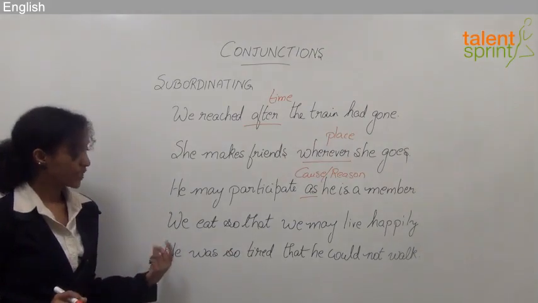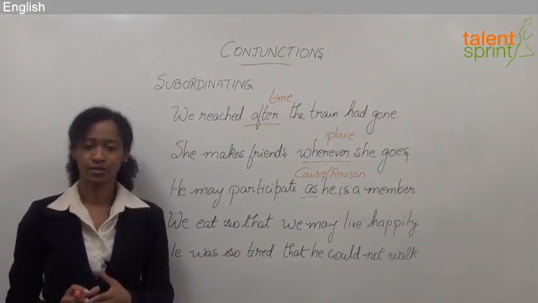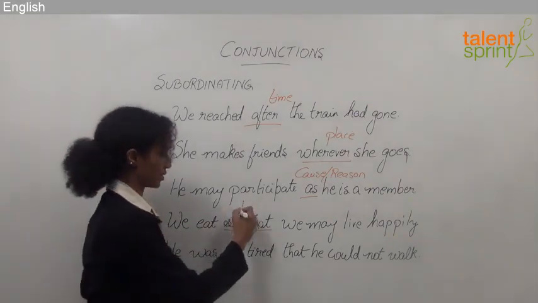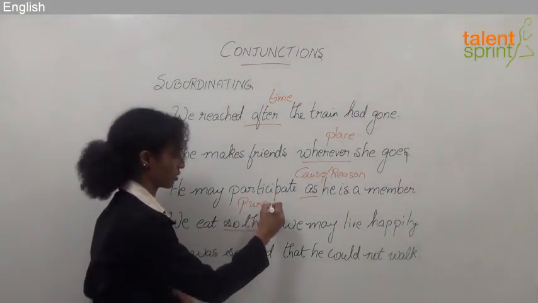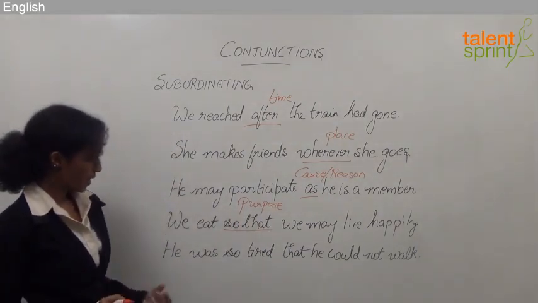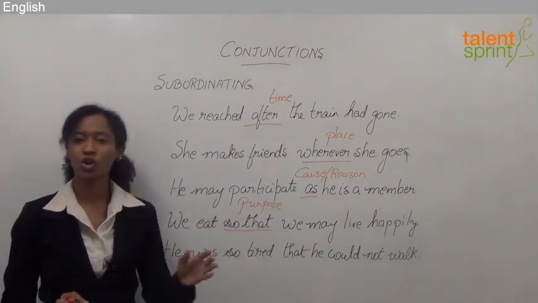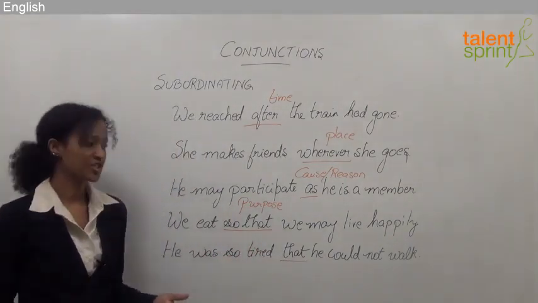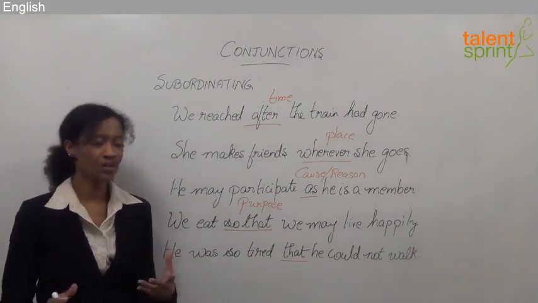The fourth one, we eat so that we may live happily. So here, so that expresses purpose. And the last one, he was so tired that he could not walk. So here again, that is my subordinating conjunction expressing a result or a consequence.